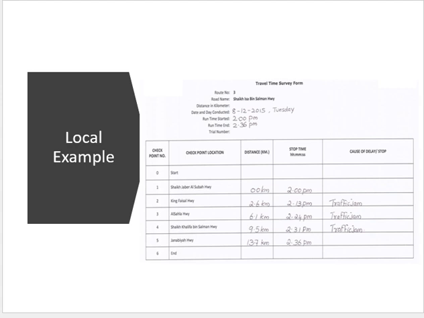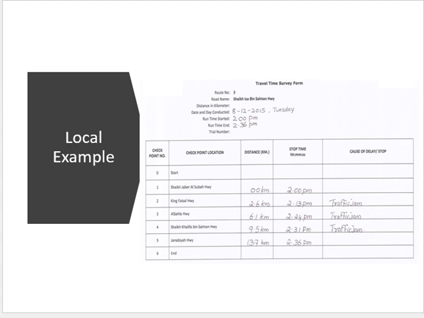Okay, this is a sample sheet I got from somewhere else. But it's local. It's on a Bahraini highway, done by a consultant, and you can see the name of the highway and the time and the date and everything. So these are basically crossing points. It's a highway. The main highway is which one?